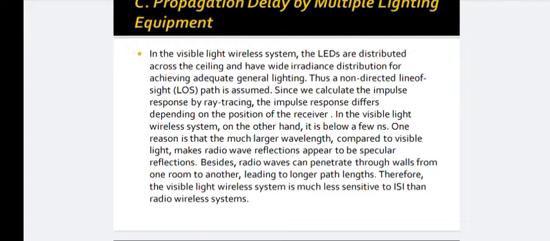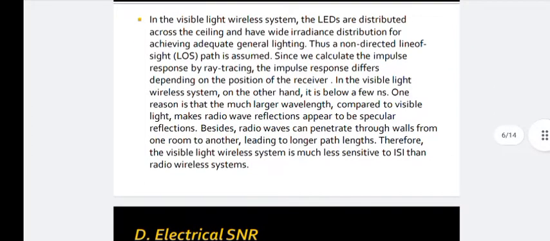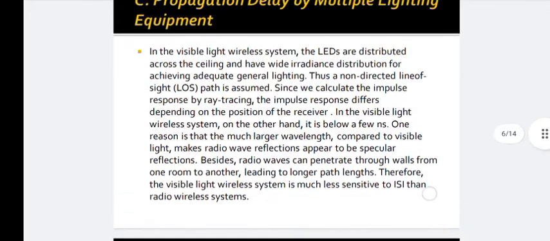On the other hand, in radio systems, the much larger wavelength compared to visible light makes radio waves reflections appear strong. Therefore, the visible light wireless system is much less sensitive to ISI than a radio wireless system.